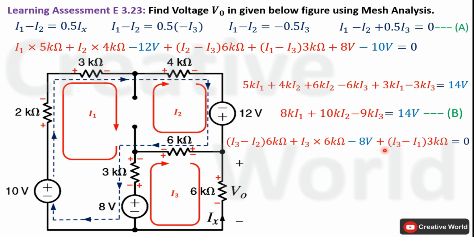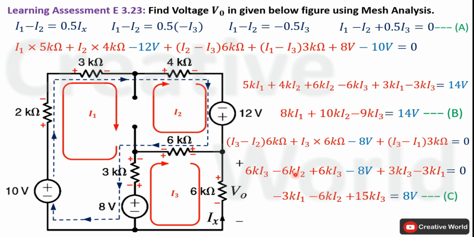Now open these brackets, it will become 6k I3 minus 6k I2 plus 6k I3 minus 8 volt plus 3k I3 minus 3k I1. Now place this minus 8 volt on the other hand side of equal and add values having same variables together. The equation will become minus 3k I1 minus 6k I2 plus 15k I3 equal to 8 volt. It is the third mesh current equation of this network.